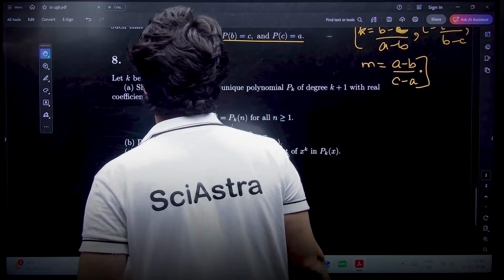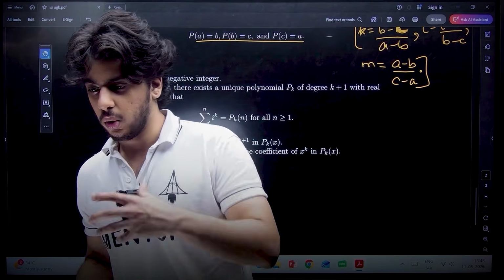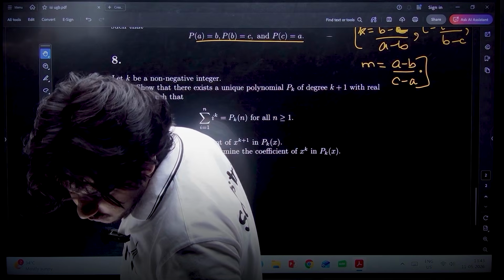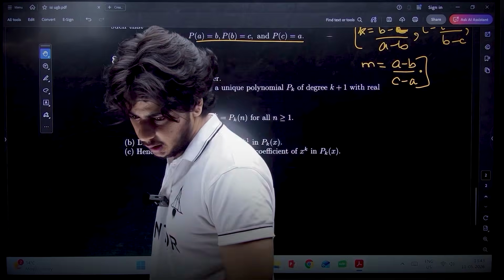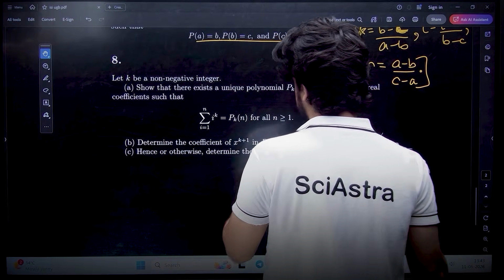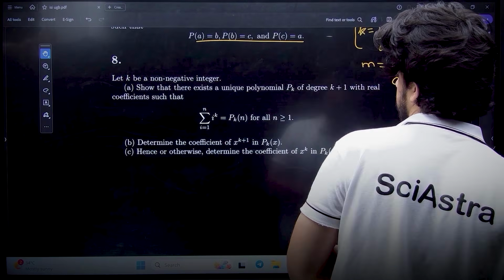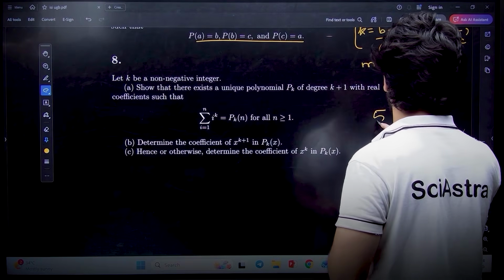Part B might involve you using Bernoulli's formula to get the leading term of p_k of x. But outside of that, I don't really feel like this question is hard. Your coefficient will obviously come out to be 1 upon k plus 1. I would say this question is at max difficulty 5.5 out of 10 maybe.